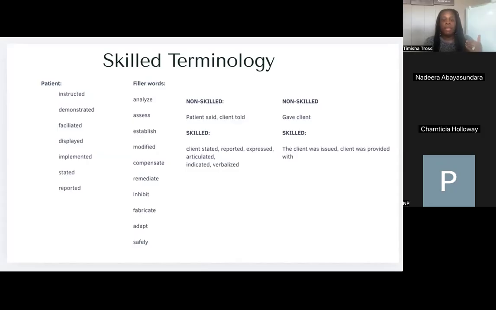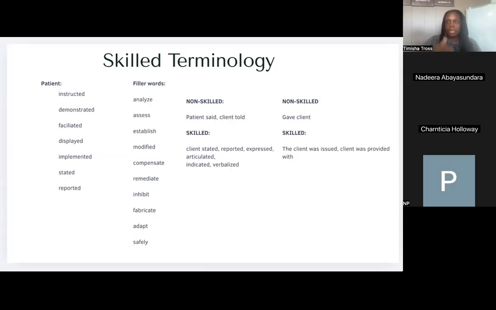Then you go into some level of instruction: patient instructed, patient demonstrated, or client facilitated, displayed, implemented, stated. A lot of times when you see stated or reported, that falls under your subjective. So you always want to have this flow in your writing. You always start with either the client or the patient. If you are preparing for your NBCOT exam, you'll notice that the questions will say the patient, the client.